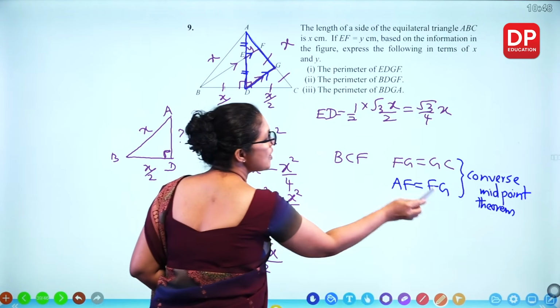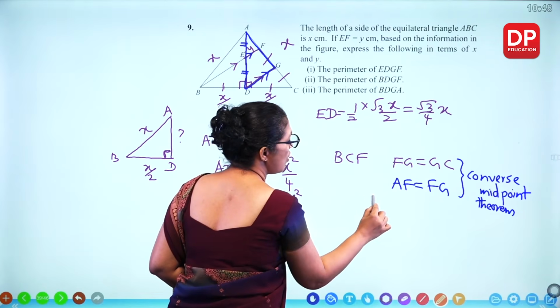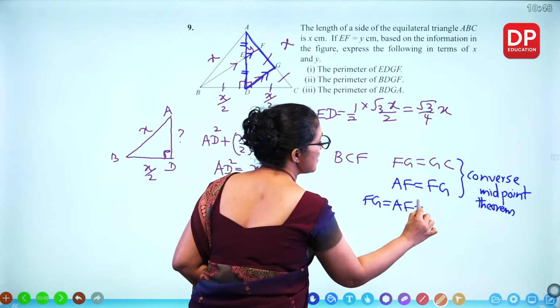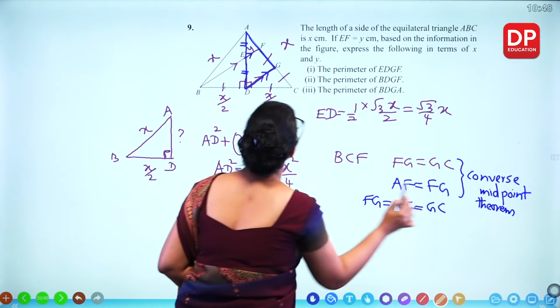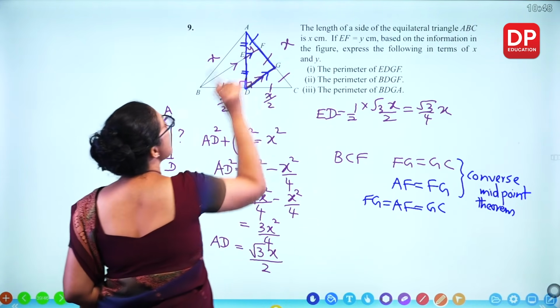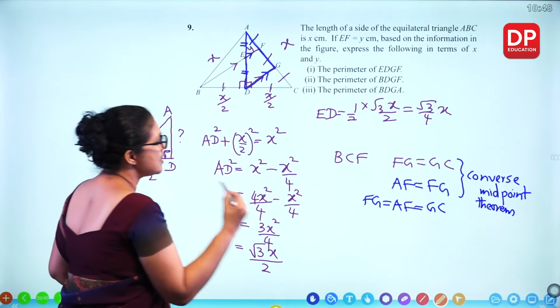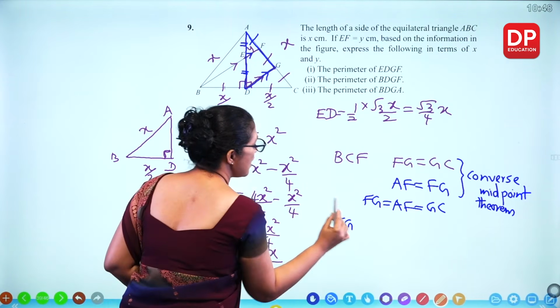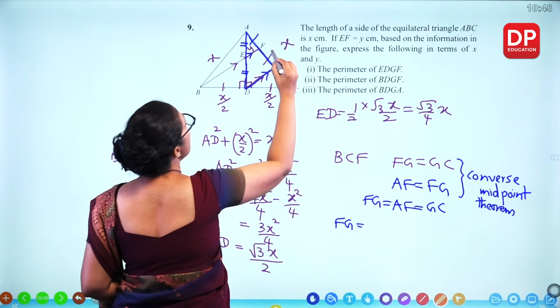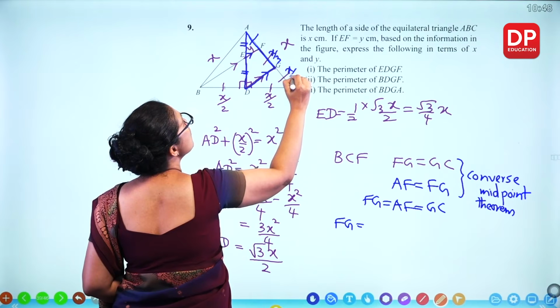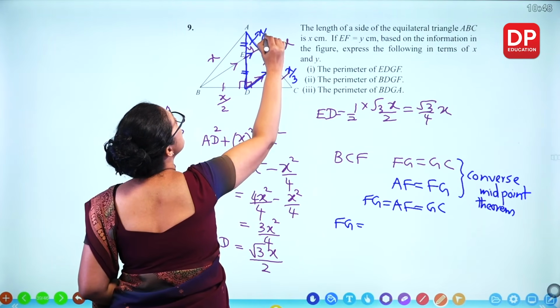Now, what can you say about FG? According to this, FG is equal to AF is equal to GC. All three sides are equal. One side is x. So what is FG? FG is x over 3. So this is x over 3, x over 3, x over 3.